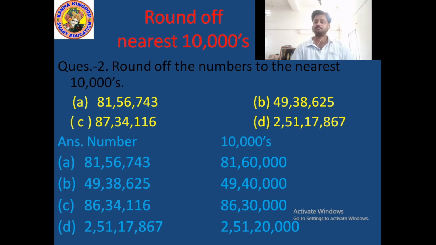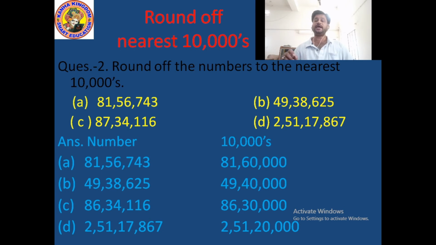So here you see that 8 is in the 1000 place, and you all know 8 is greater than 5. So first you convert the 1000 place, 100 place, tens place and ones place into 0, and you add one more number in the 10,000 place. So which digit is in the 10,000 place? 3 is in the 10,000 place.